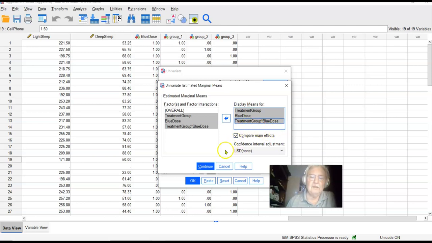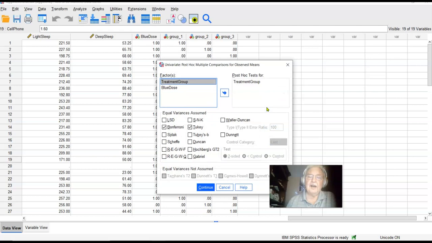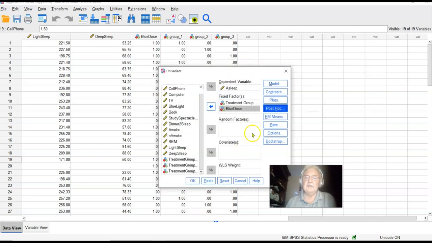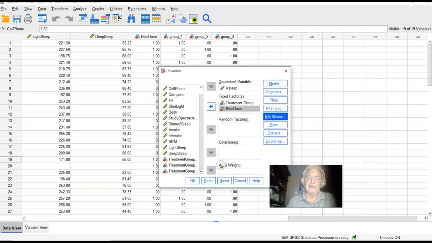When we continue with that, notice in our post hoc, you can only do main effects. You can't do interactions. It's the same way with the expected means. It only compares the main effects. Now there's actually a workaround for this that we'll look at in a second.